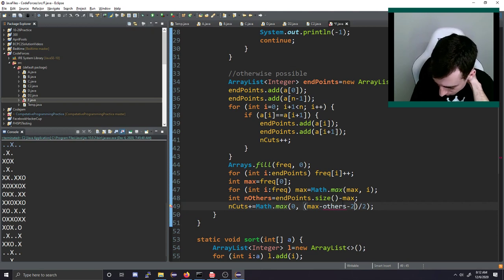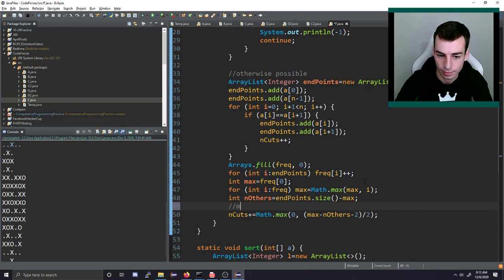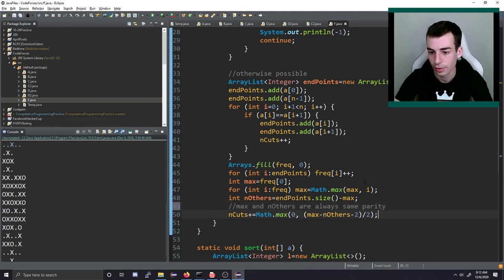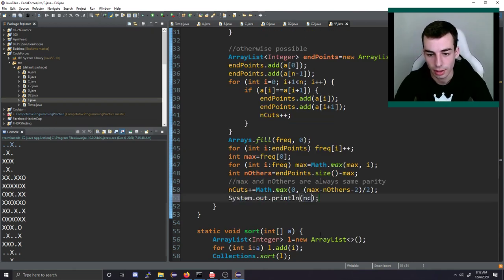What do we do if we have 3? Then we can match these 2. Oh, they're the same parity. Yeah, okay. So this is fine, because these two are the same parity.